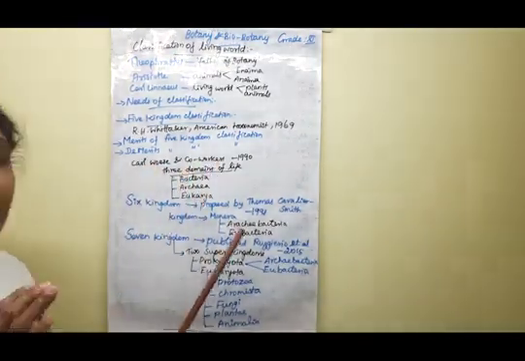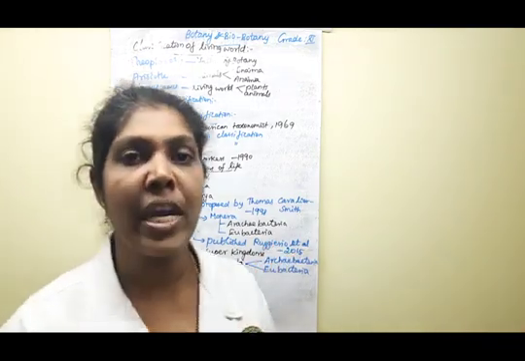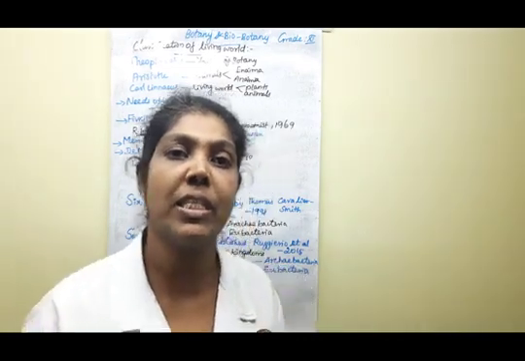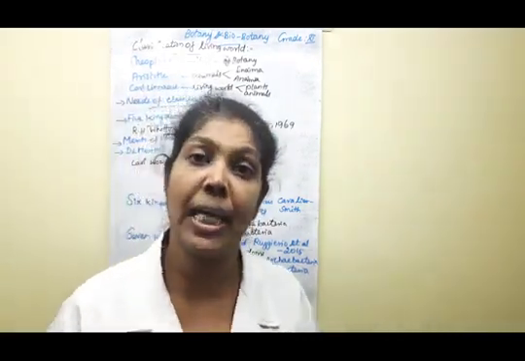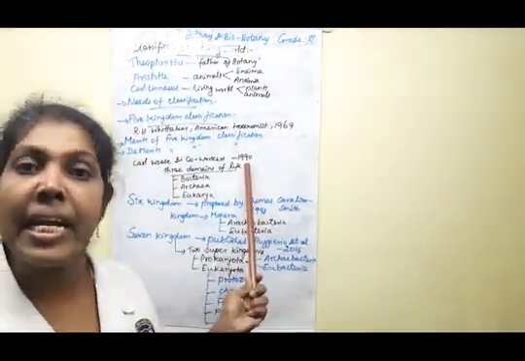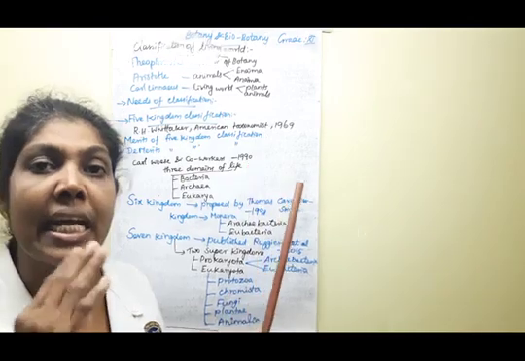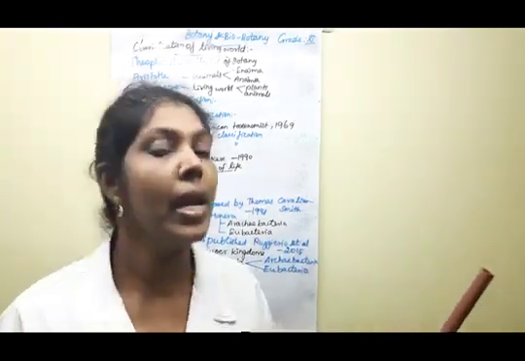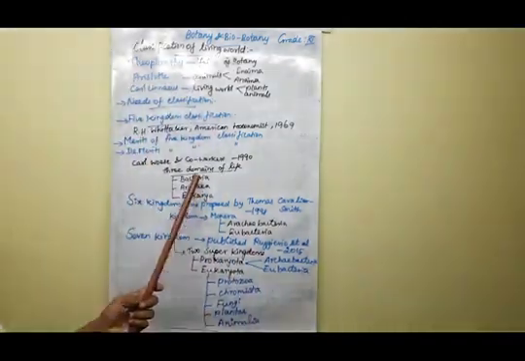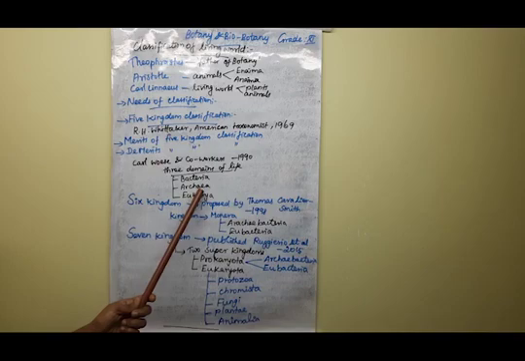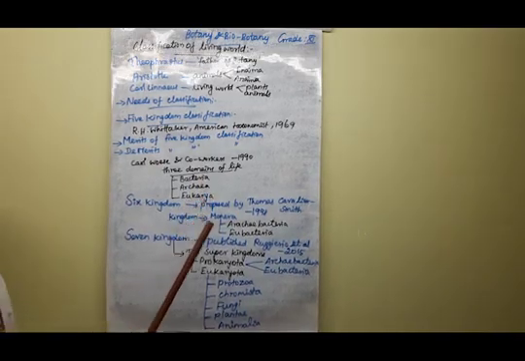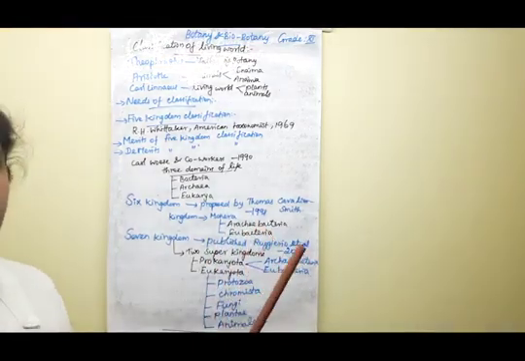In the year 1990, they discovered the 3 domains of life. The 3 domains of living organisms are bacteria, archaea and eukarya.